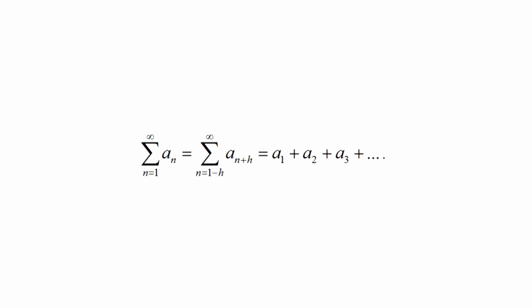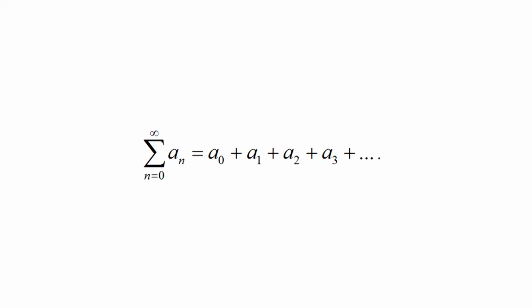Summation a_n from n equal to 1 to infinity equals summation a_(n+h), n equal to 1 minus h to infinity, which is equal to a_1 plus a_2 plus a_3 plus etc. For instance, with h equal to 1, summation a_n from n equal to 0 to infinity equals a_0 plus a_1 plus a_2 plus a_3 plus etc.